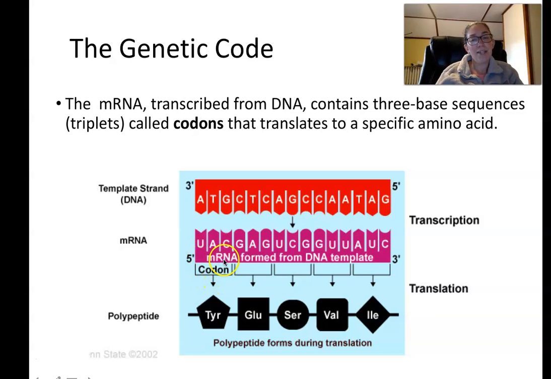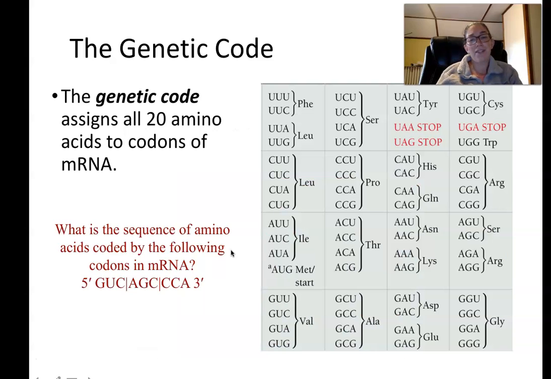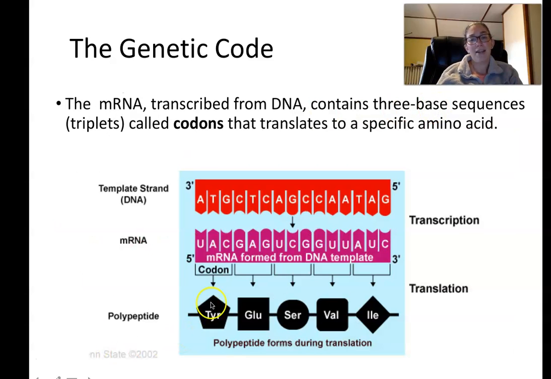And we read these in triplets, in little groups of 3. So codon 1 is UAC. And if we refer to this slide here, UAC right here codes for tyrosine. And hence we get tyrosine. GAG is a codon that codes for glutamate. UCG codes for serine, and so on and so forth. And that's how a protein is built and how it's coded for from originally the DNA.